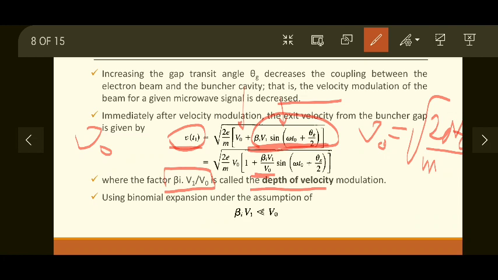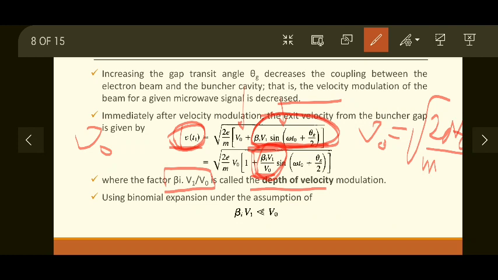It is called the depth of velocity because this parameter decides how much the velocity will increase or decrease when the electron beam comes out of the input buncher cavity. It is proportional to the microwave input signal, because this entire term is a microwave input signal. So in proportion to the microwave input signal, the exit velocity will change, and that is the reason it is called a velocity modulation.